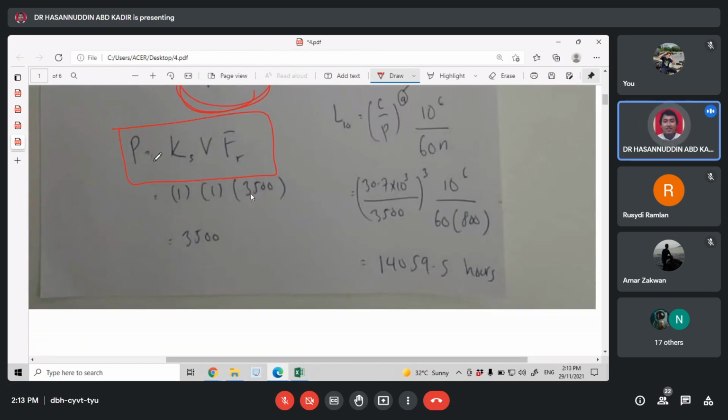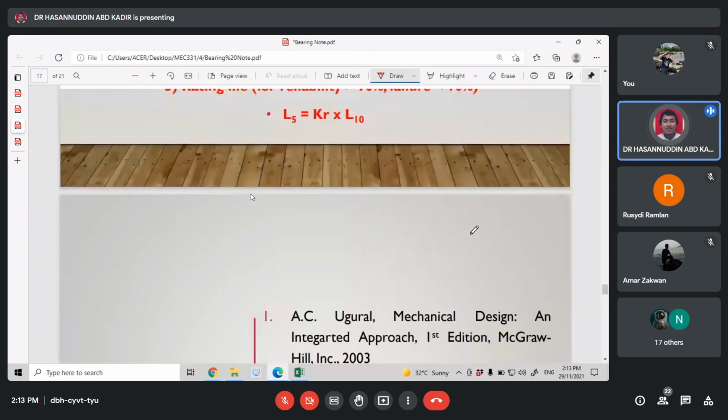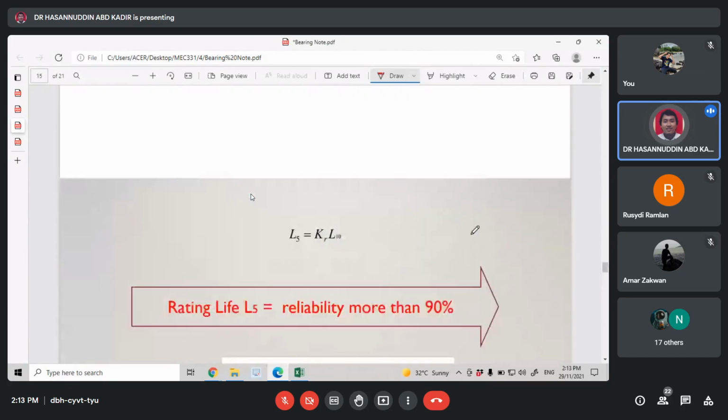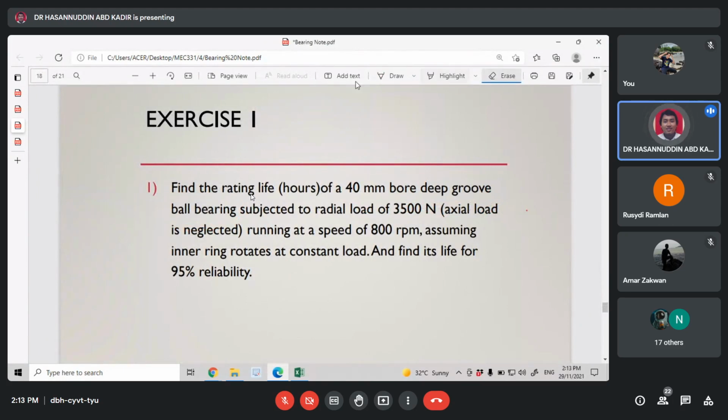Why do we select P equal to KS V FR? Because the question already mentioned they have no value of the axial load. They already mentioned to neglect the value of the axial load FA.